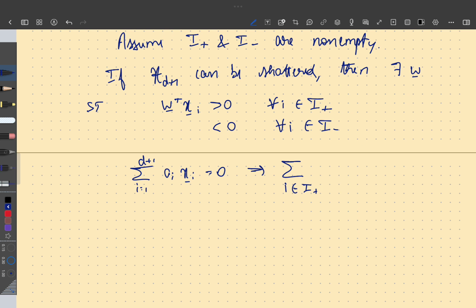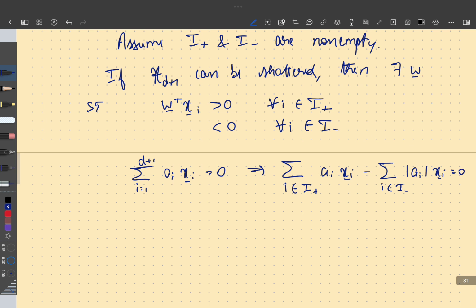For all i in I plus, the coefficient is positive, so this is ai xi, minus, for all coefficients which are negative, this is minus mod ai xi.